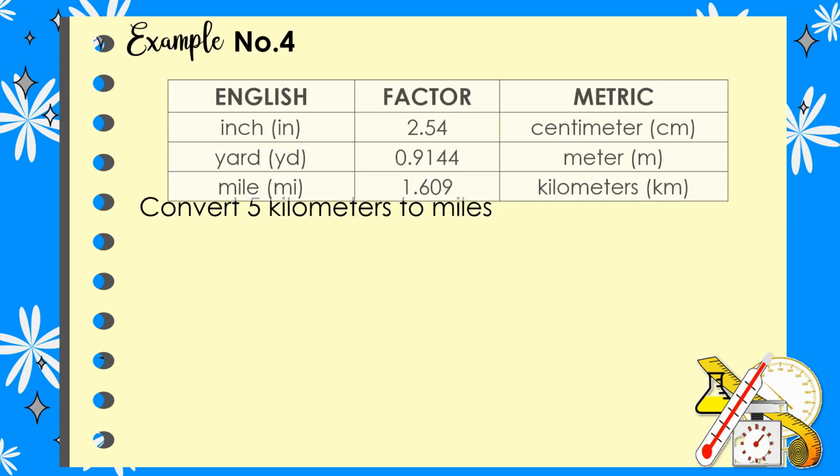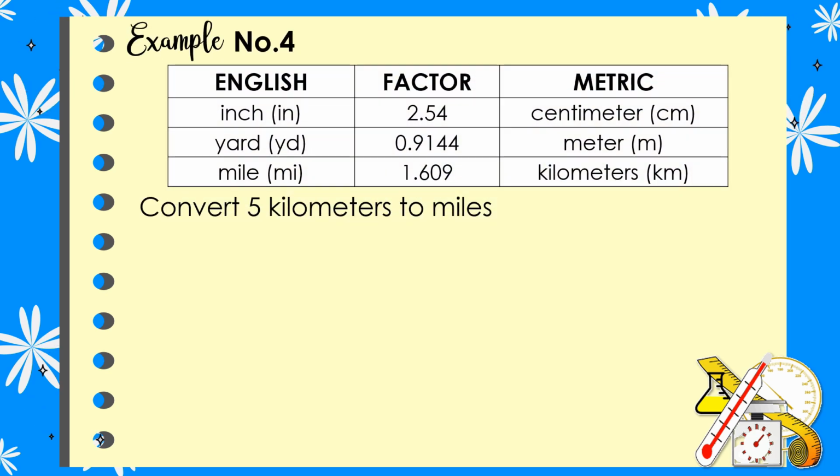Para sa ating fourth example, convert 5 kilometers to mile. So, baliktad naman ngayon, metric papunta sa English. So, tayo ay magde-divide. So, gamitin natin yung pangatlong converting factor. So, 5 kilometers, i-multiply natin sa converting factor. So, dapat yung nasa ilalim kamukha nung unit ng given natin.